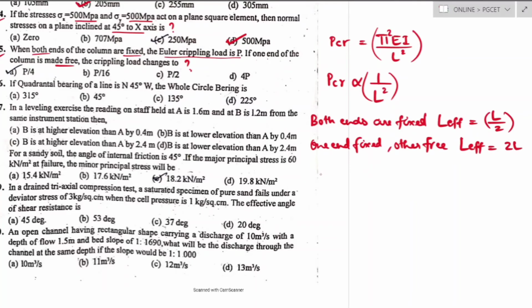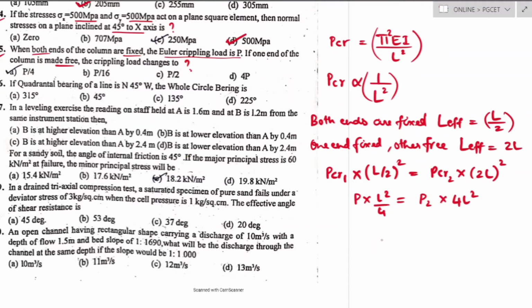So, equating both conditions of the column, that is PCR1 into (L by 2) square is equal to PCR2 multiplied by (2L) square. So, P into L square by 4 is equal to P2 into 4L square.